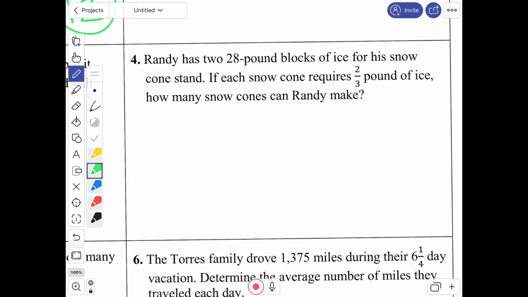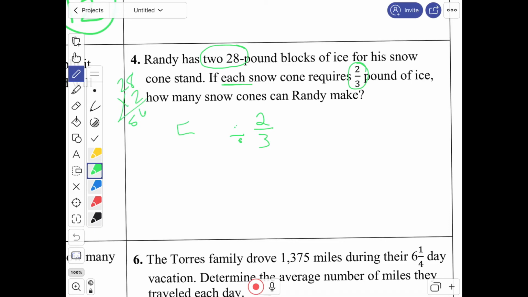Let's try number 4. Randy has 2 28-pound blocks of ice for his snow cone stand. If each snow cone requires 2/3 pounds of ice, how many snow cones can Randy make? See the word each and the 2/3? That's the part that's going to go second. And this is my total. 2 28-pound blocks.